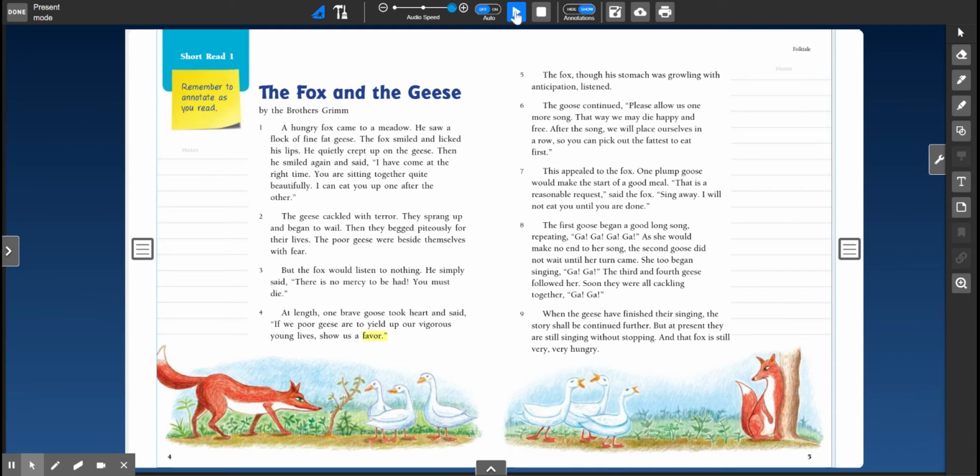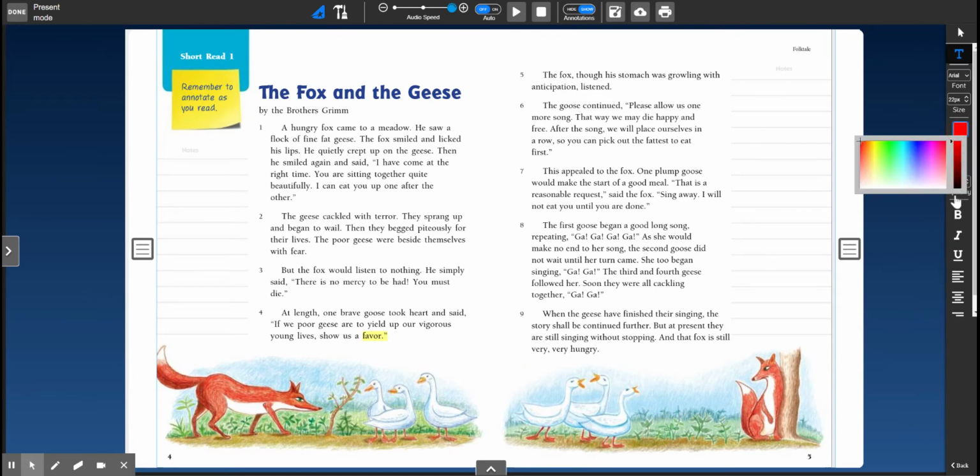All right, so paragraphs 3 and 4, the fox is not listening, and he's saying, no way, I will not give you that pity, I will not give you that mercy. So then one of the geese says, if we poor geese are to yield up our vigorous young lives, show us a favor. So there are a lot of words here in this paragraph that might be kind of confusing to you.